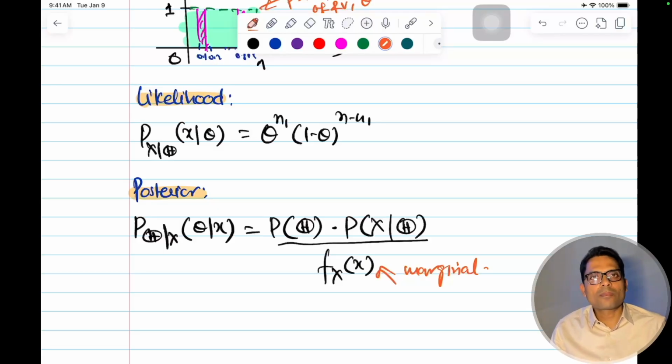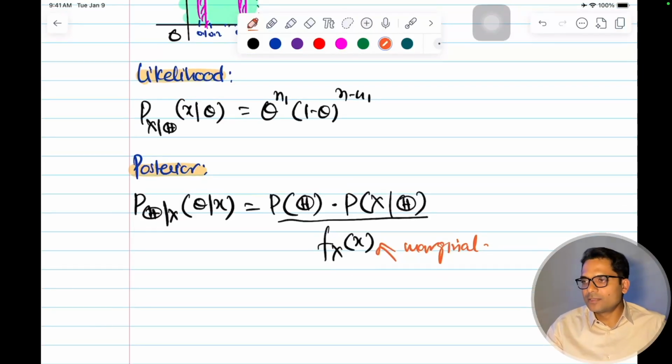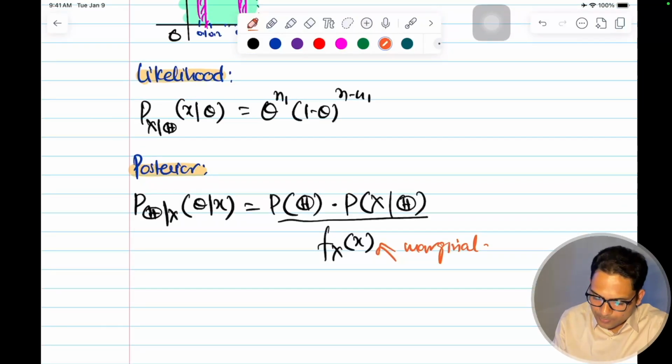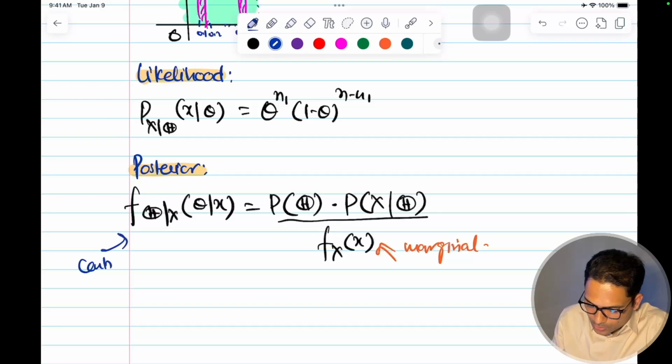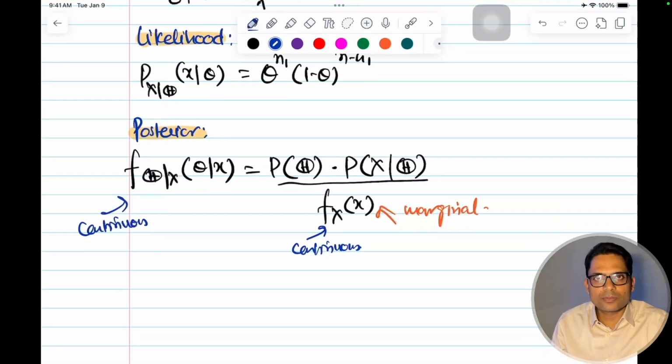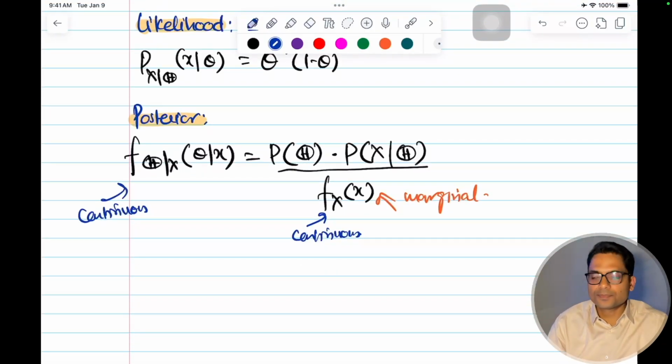This is my marginal probability, and here instead of p, I'll write f again, because I've assumed this to be continuous, just to be correct with respect to the symbols that I use.